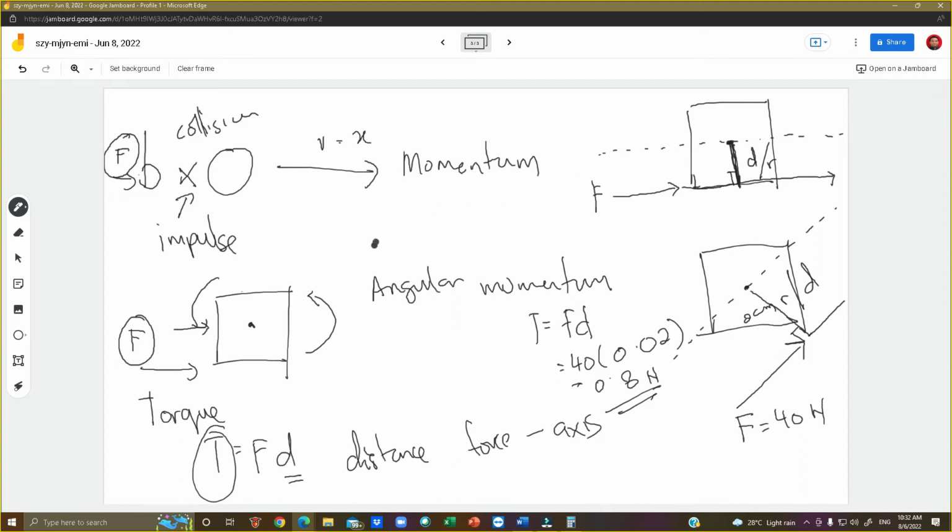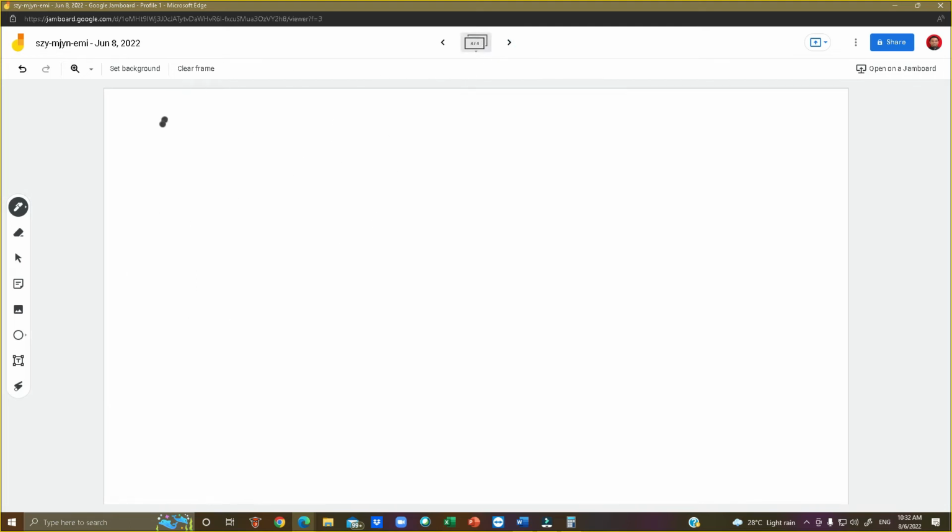Alright. So angular momentum: when we give force to an object, it causes the object to move. When an object moves, dia ada angular momentum. In angular momentum, we are going to name it as H, equals I omega.